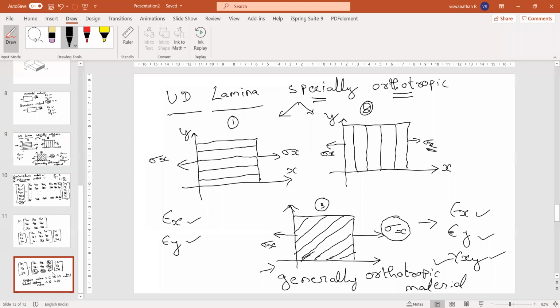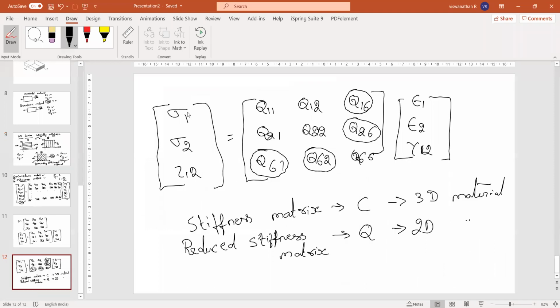So what does this matrix tell you? See, this is equal to this term multiplied by epsilon 1. Okay, this is possible. When you apply an extensional stress, you get extensional strain. This term is also non-zero because when you are applying an extensional stress, you get an extensional strain.